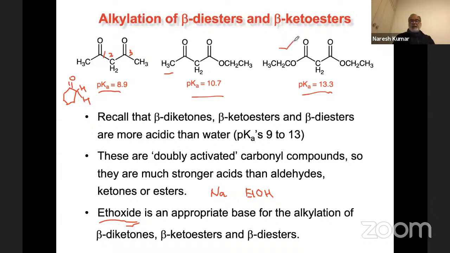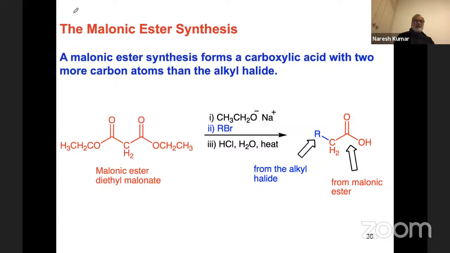We're going to start with malonate. This compound with 2 carboxylic esters is called a malonate. And this one is a keto ester. And we're going to be looking at the reactions of these 2 tonight. So let's start with the malonic ester. We call that a malonate because malonic acid has this structure.